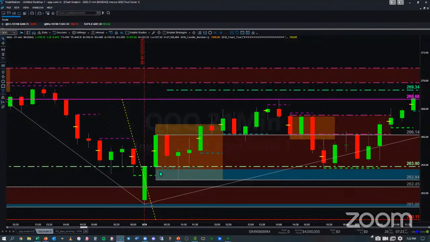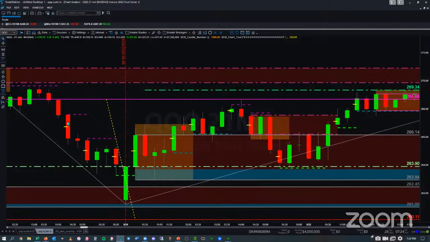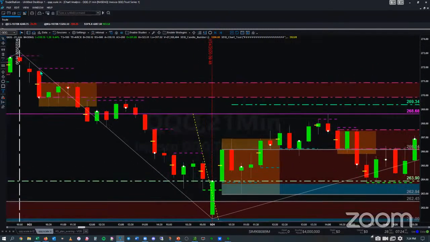So that's an example of the band being, let me just make sure this is clear to you guys. This is the original leg out. Price came back in, and as price was leaving, it created this demand band, which it came back and retested.